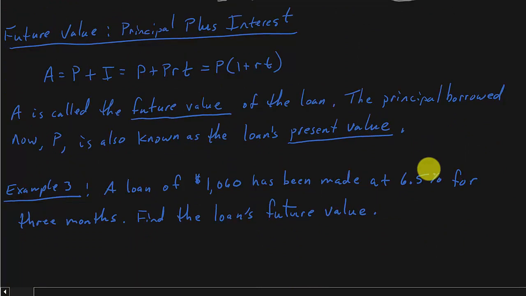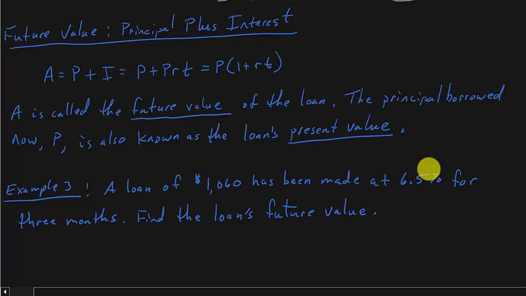It says principal plus interest, and that's all it is. So A is equal to P plus I, which equals P plus PRT, which equals P times 1 plus RT. A is the future value of the loan. The principal borrowed now, that's P, is also known as the loan's present value.